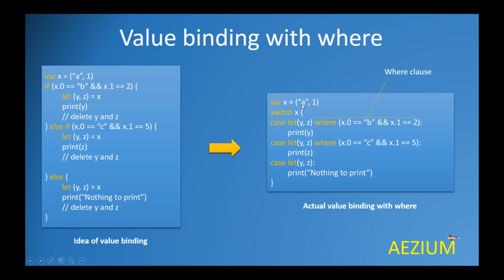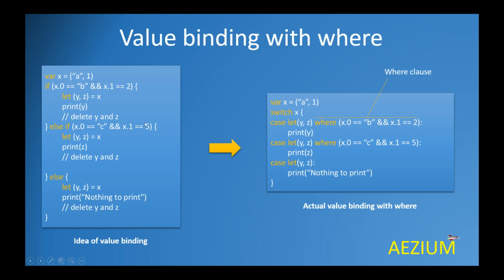In other words, character a, 1, and that takes place if the condition of our where clause is true. So if this condition is true, then the declaration and assignment I just mentioned will take place, and then those temporary parameters will become available for use within the body of this particular case.